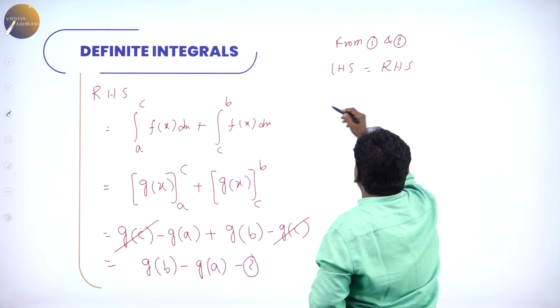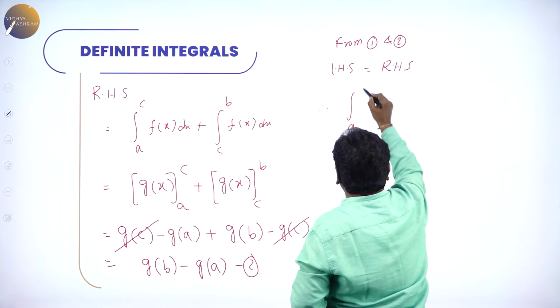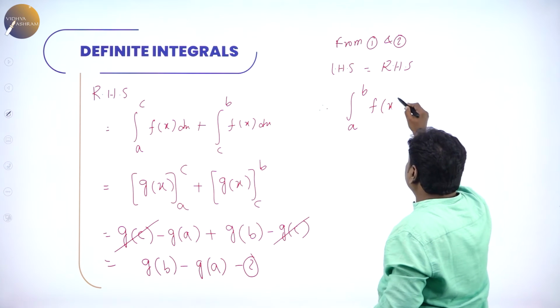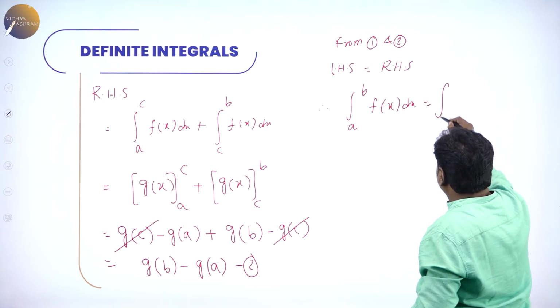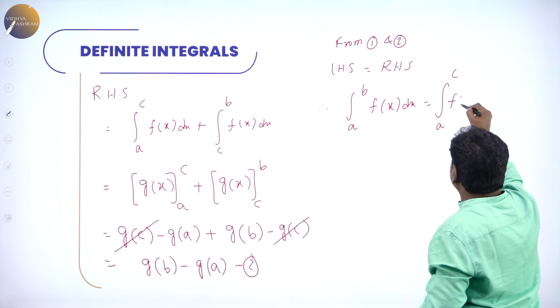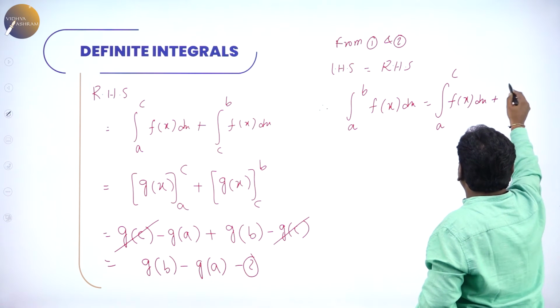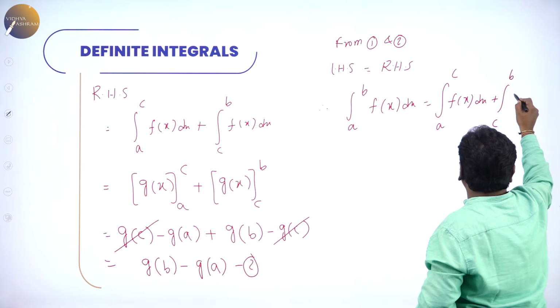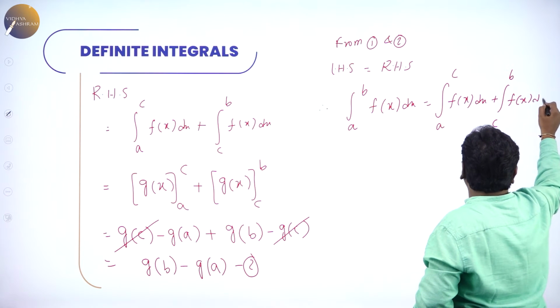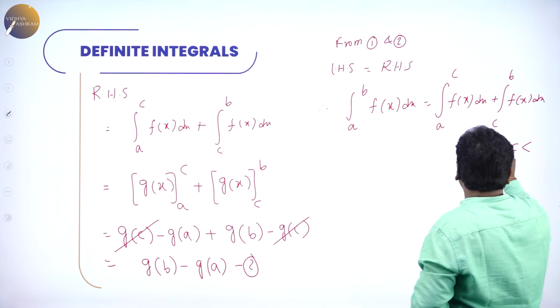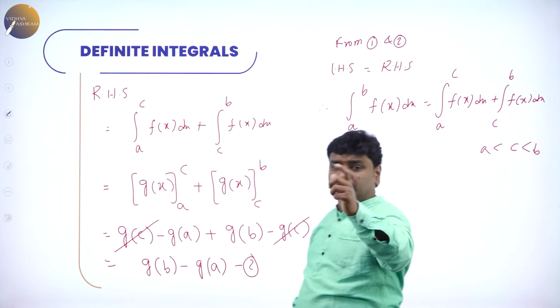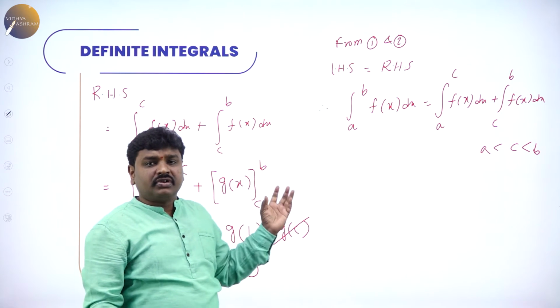And therefore, integral of a to b f of x dx is the same as integral of a to c f of x dx plus integral of c to b f of x dx, where c should lie between a and b. We have many problems or examples where we can solve.